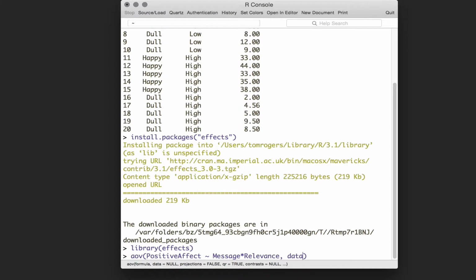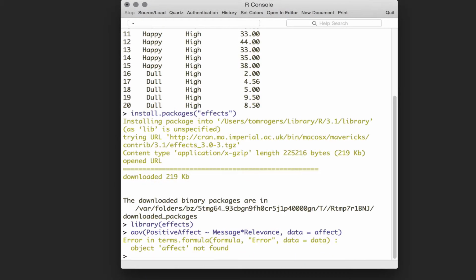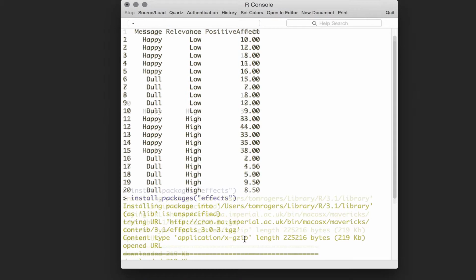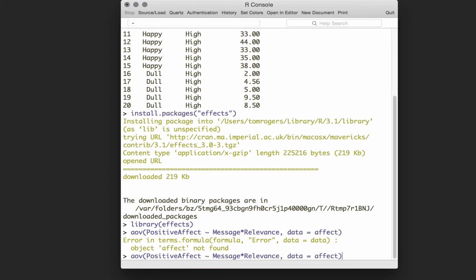We're just going to tell it what data we want it to be performed on, and our data is called affect. I've forgotten what I called it. Oh, it's called affect.data, sorry.